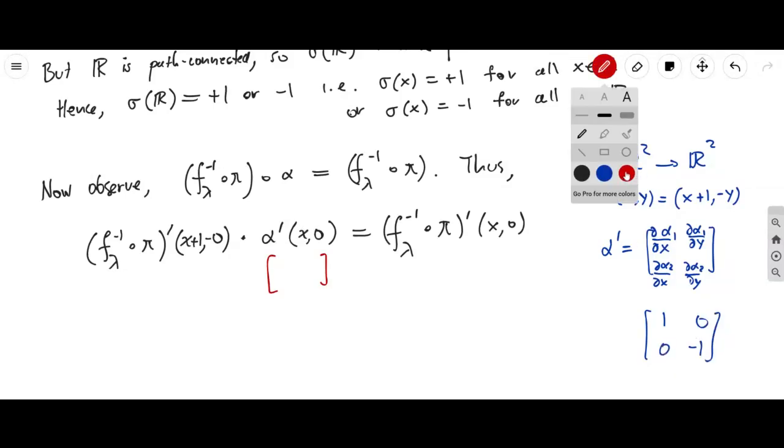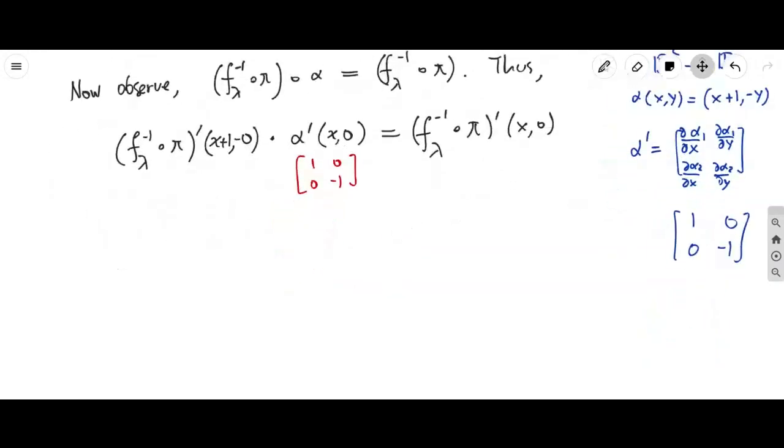So you'll end up with the matrix 1, 0, 0, negative 1. The important part here is to recognize that its determinant is negative. So thus, the sign of the left-hand side is equal to the sign of the right-hand side.